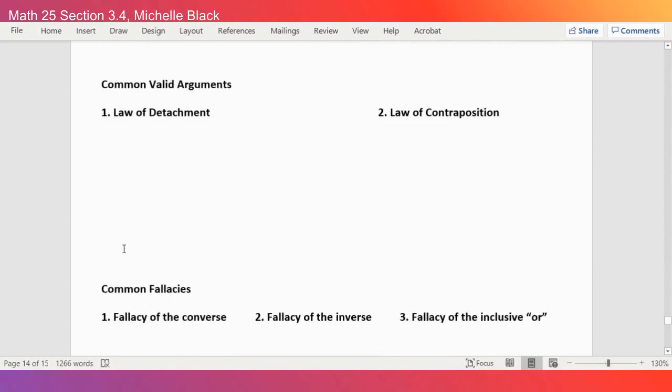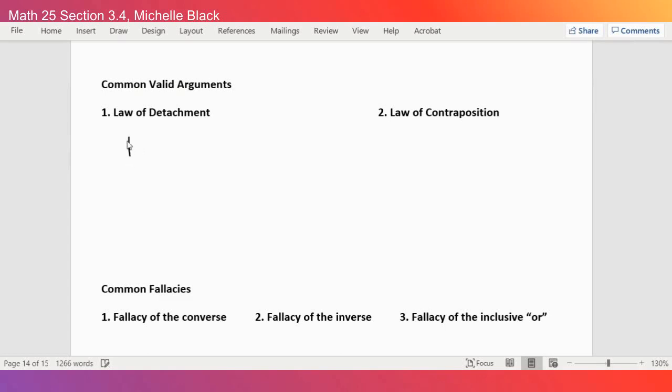All right, some common valid arguments. So we just came up with our own premise and conclusion based off words, but there are some common ones that you might just start to recognize and know that if you did compute a truth table for them, it would come out being valid. The first one is called the law of detachment.